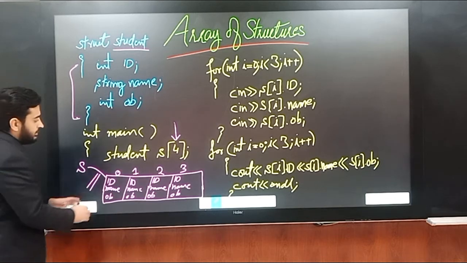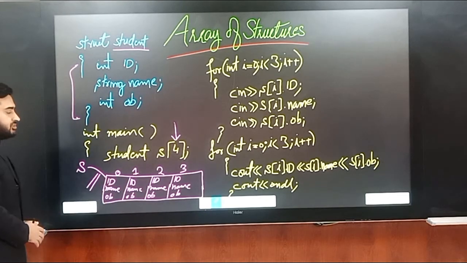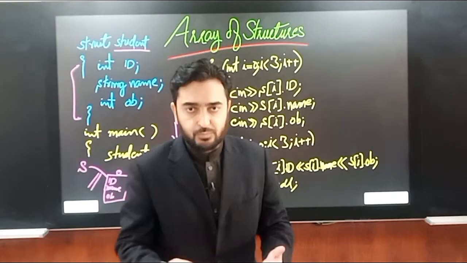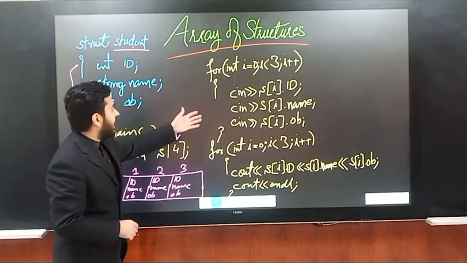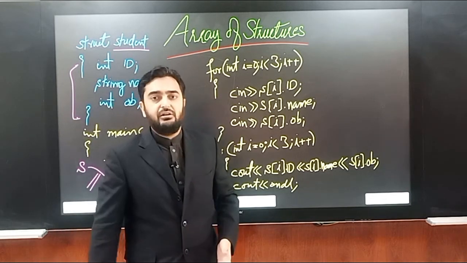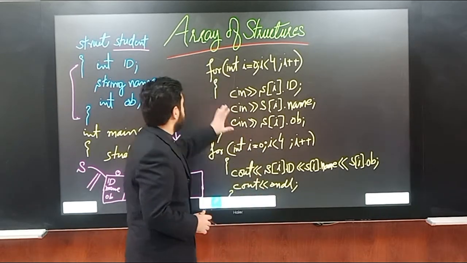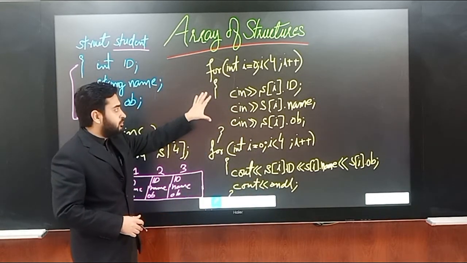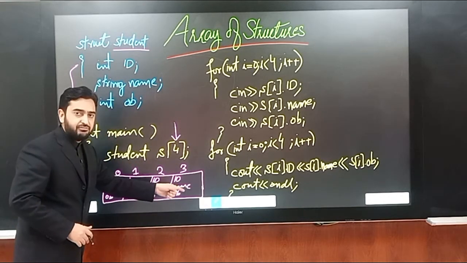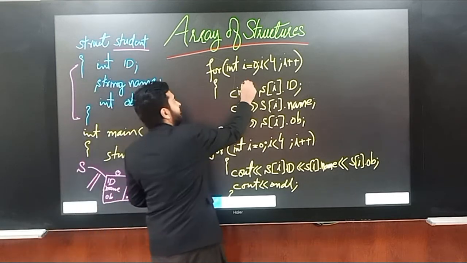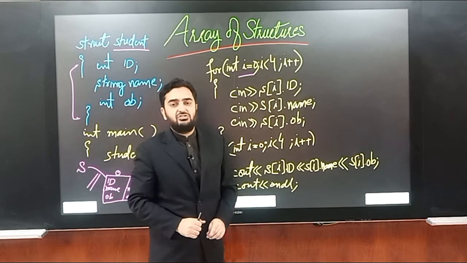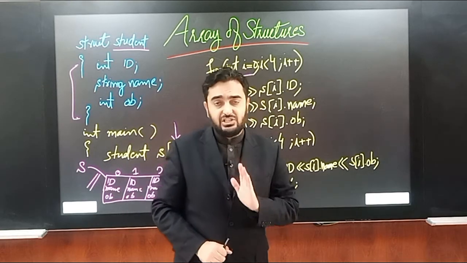We can access this array just like we access arrays of primitive data types, using loops. Here I have defined the for loop to initialize the values inside this array. We have defined the for loop to iterate through each element of the array, starting this loop from I equal to 0 and ending when I is less than 4.